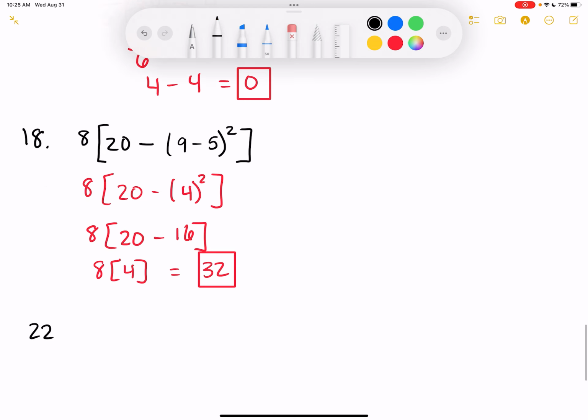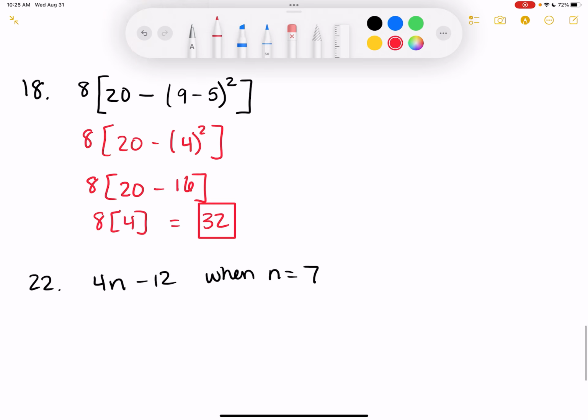Like with 22, they give you 4n minus 12 when n equals 7. So all we're doing is replacing n with 7 and then doing the same thing that we were just doing in the first little section of problems.